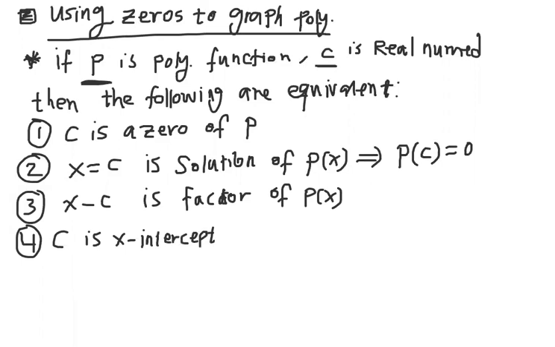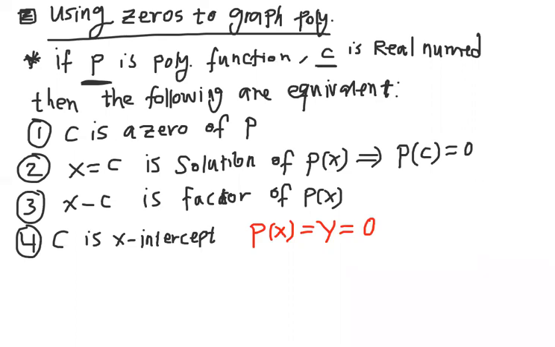Why is c an x-intercept? Because when I plug in c, they give me 0. That means p of x, that's y, like in chapter 2, equals 0. So we are setting y equals 0.